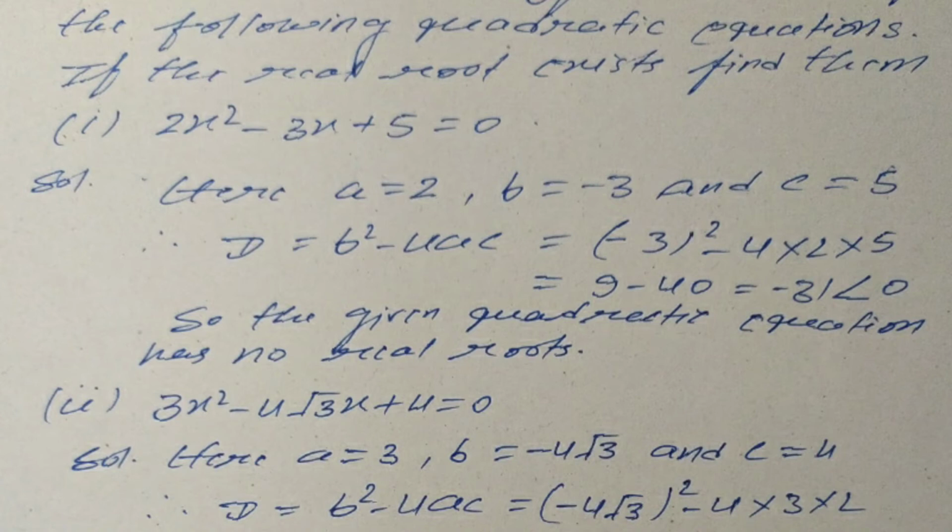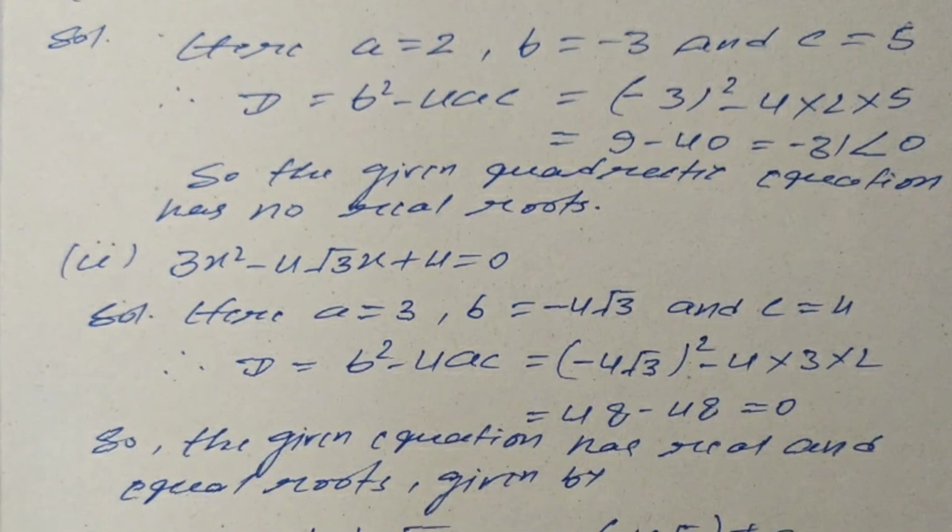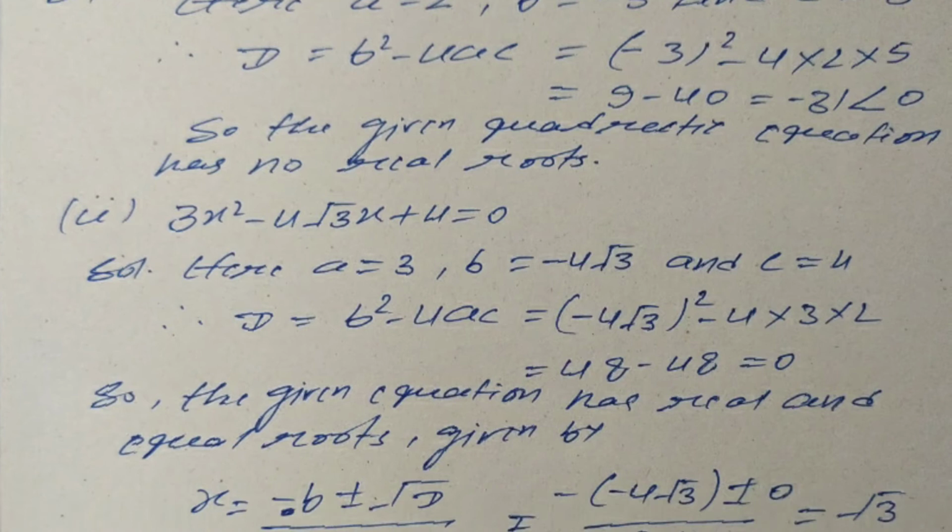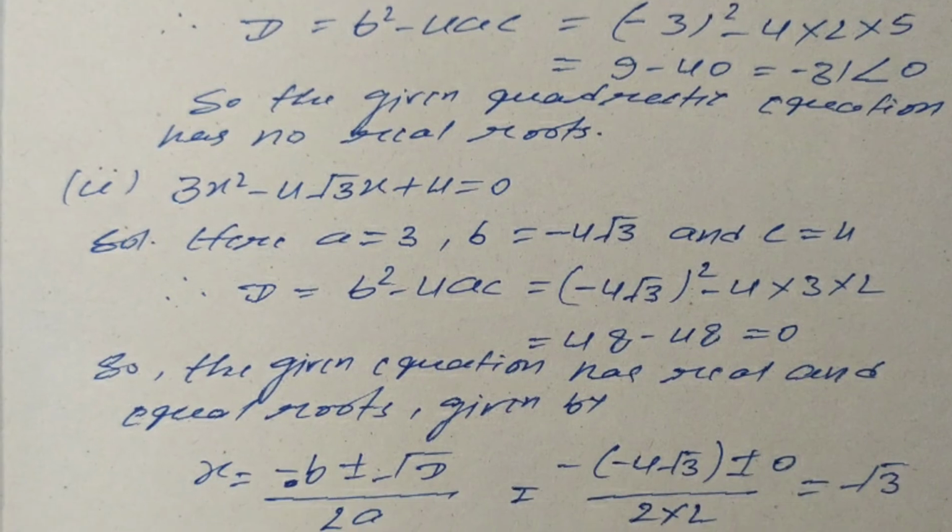The next question is 3x square minus 4 under root 3 x plus 4 equal to 0. So here also I have taken a equal to 3, b equal to minus 4 under root 3 and c equal to 4.